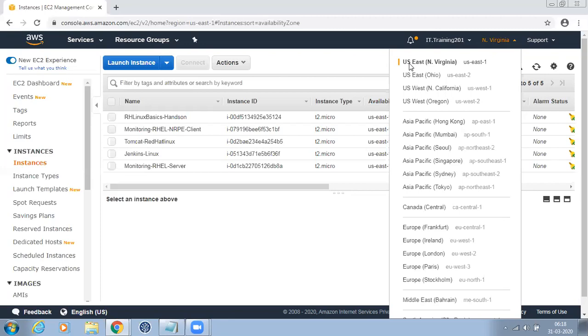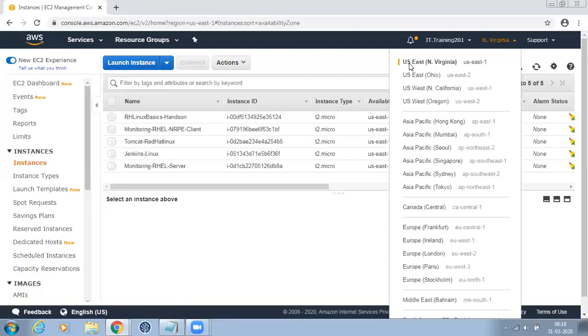So at that point of time, we cannot rely on one availability zone. Amazon always recommends keeping applications in more than one availability zone, because if for any reason one of the availability zones is down, our application can start running in some other availability zone in the region.